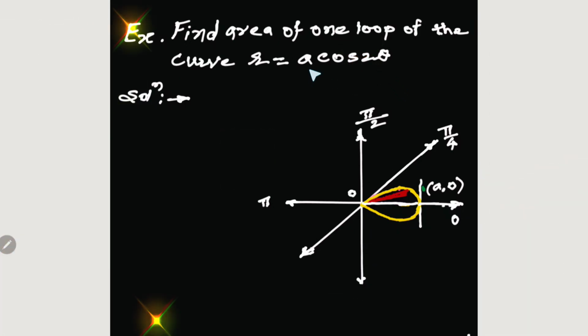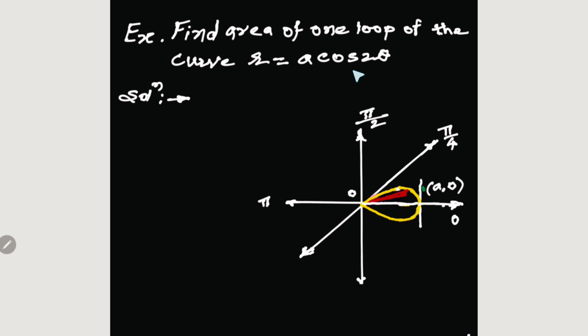Therefore, that point becomes a by 2, somewhere here approximately. Join these 3 points smoothly to get the half part of that curve, and then take the symmetrical half part about the initial line, so that we get this loop.